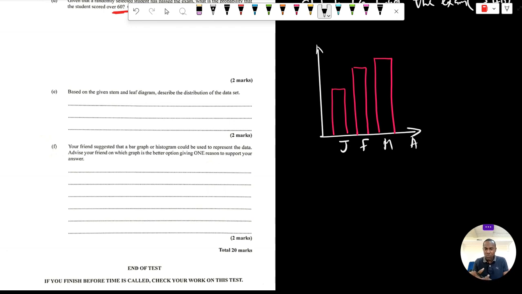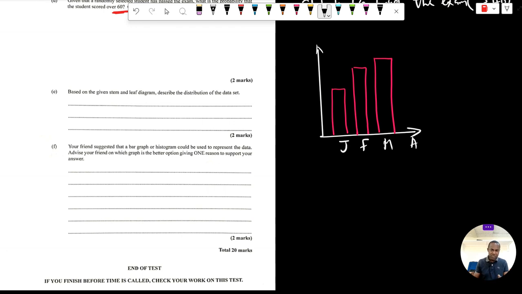And so, given that we're talking about scores of students, and the number of students who get certain scores, then a histogram would be more suitable for representing this type of data, right? So we're talking about strictly quantitative data. The actual scores and the number of students who get those scores, and so a histogram would be more suitable.